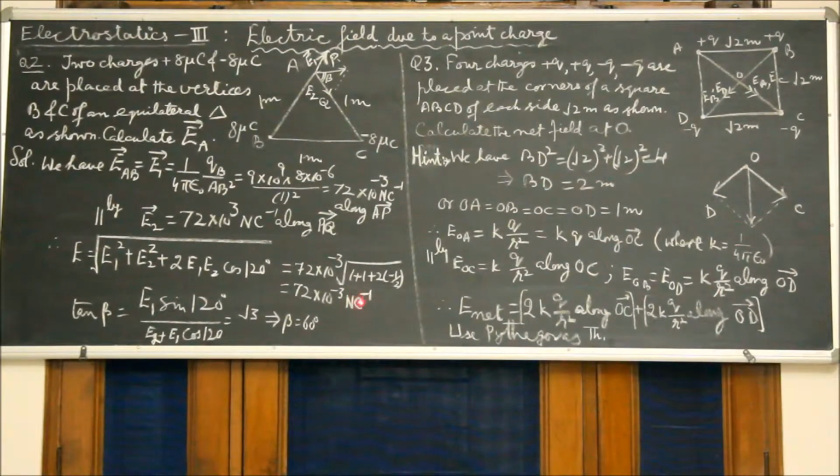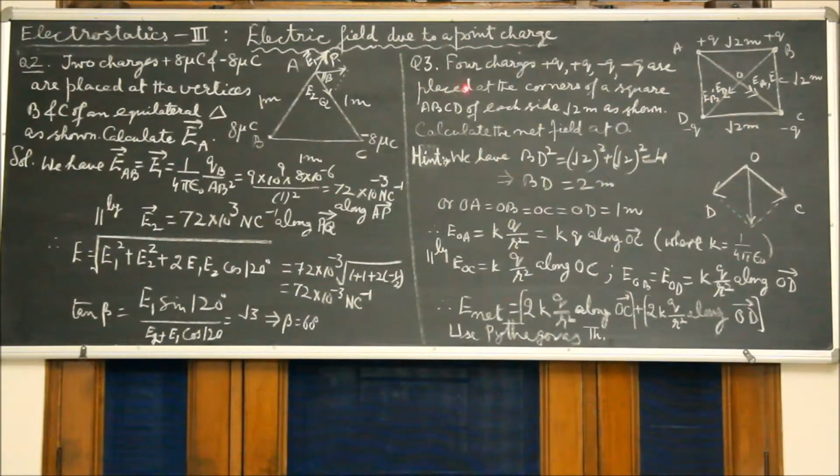The direction of the resultant you can obtain by this formula tangent beta, where beta is angle made by the resultant with E2. The relation is tangent beta equal to E1 sin 120 over E1 plus E2 cos 120, leading you to this value root 3 on substitution, that is beta will come out to be 60 degrees.